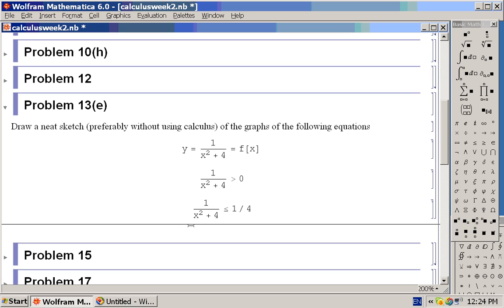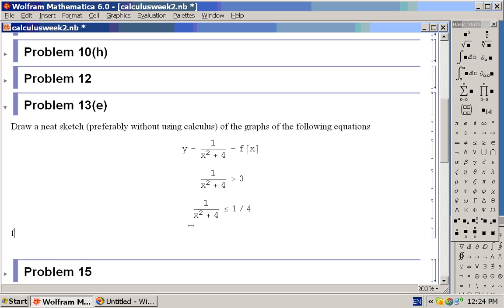The next thing we notice is that f of x is an even function, i.e. f of x equals f of negative x.